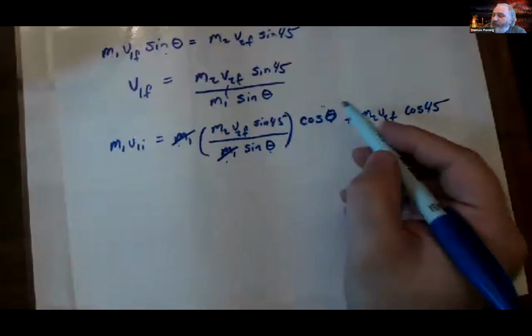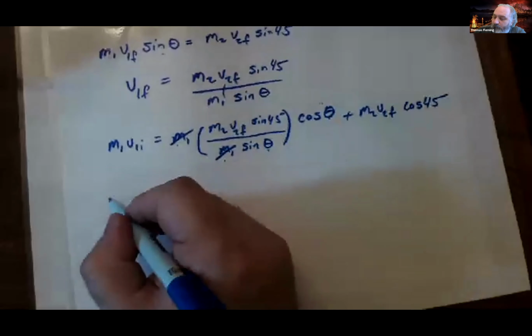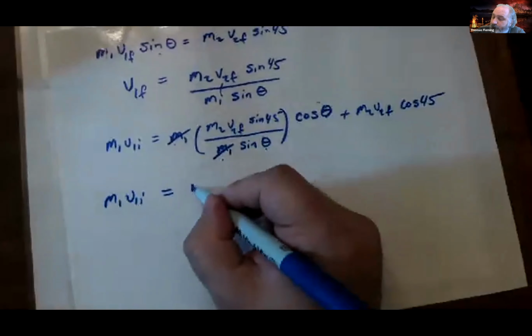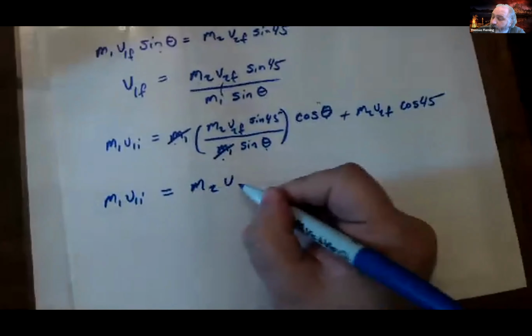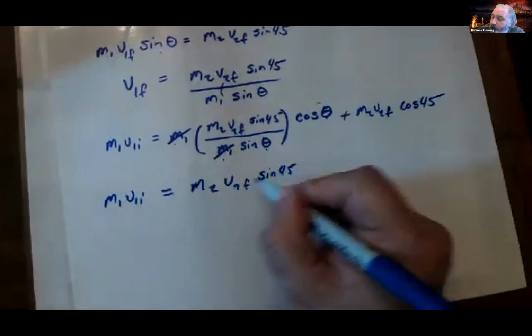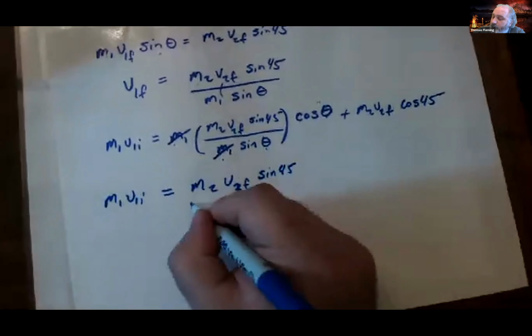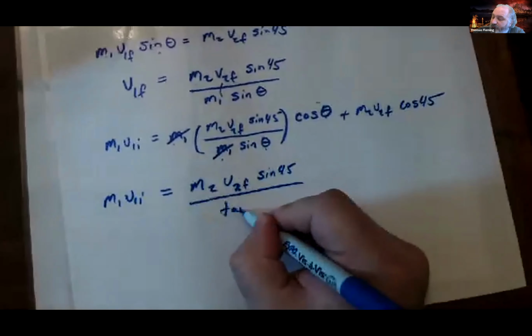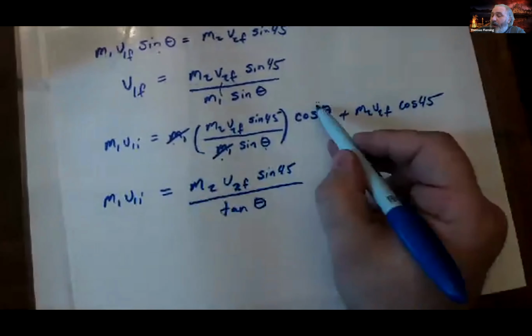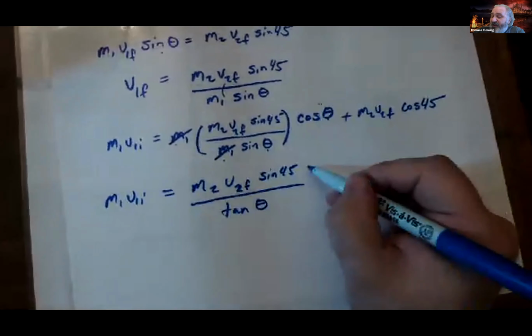So what I can do is replace this term by putting the tangent on the denominator, right? If it had been sine up top and cosine on the bottom, I would have put the tangent up here.